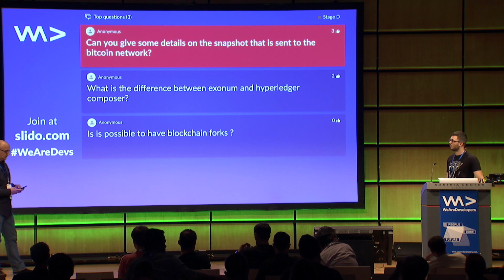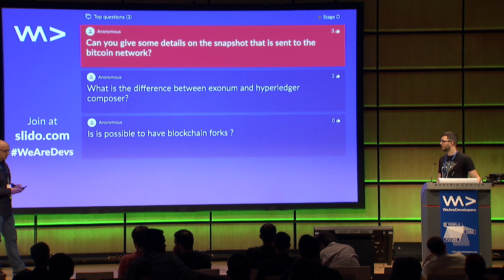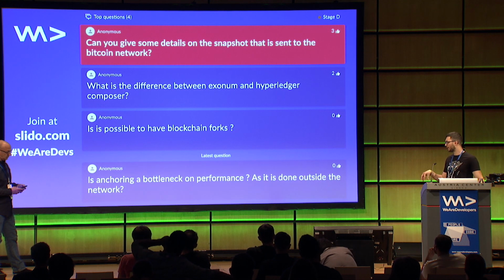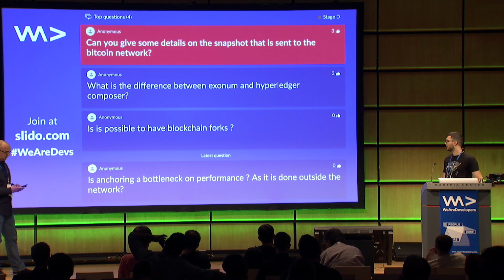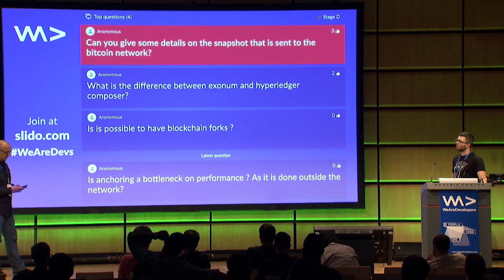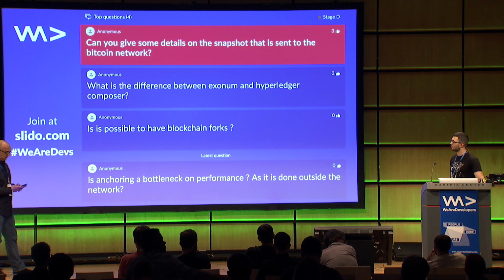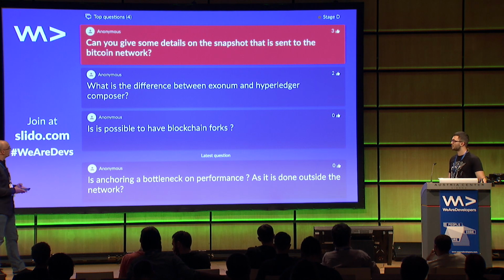And all we need to do is to publish this hash on the Bitcoin network. And that will give us a point of anchor, basically. That's why it's called anchoring. And we will know from which point we're going to restore the private blockchain network in case of some corruption or majority corruption, which is also always possible.